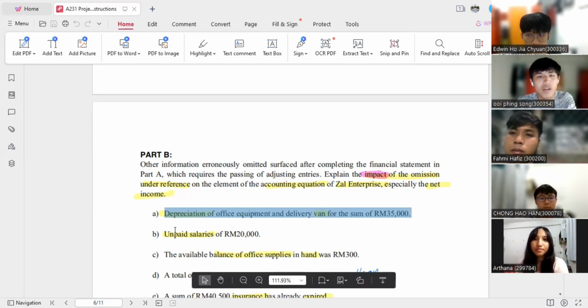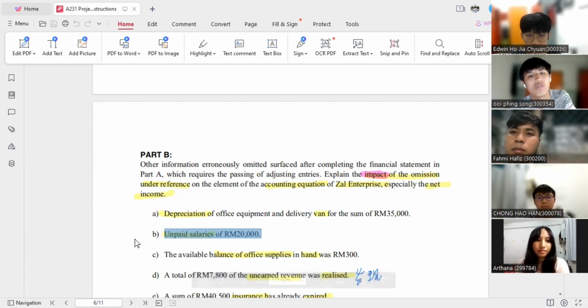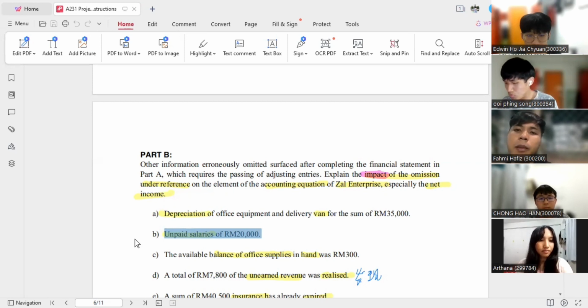Okay, for the second one, unpaid salary of 20,000. For this transaction, I want to ask Fahmi. I think the impact of unpaid salary of 20,000 ringgit is it will reduce net income and equity, and it will also increase liability.